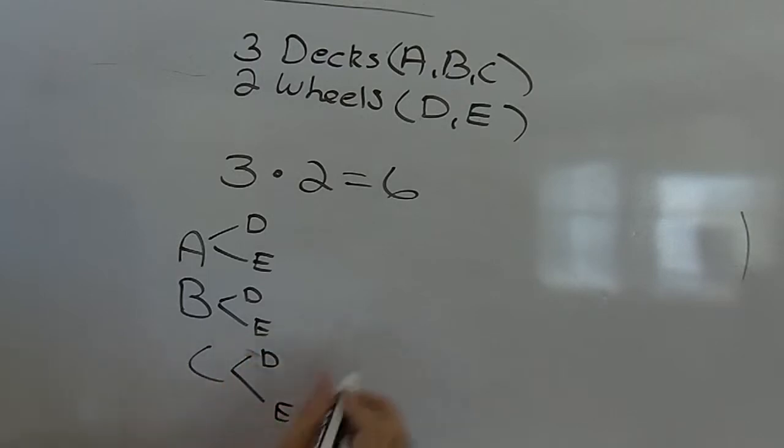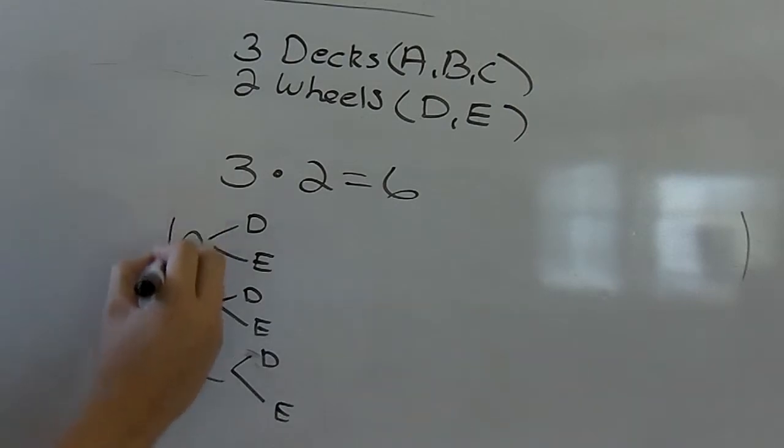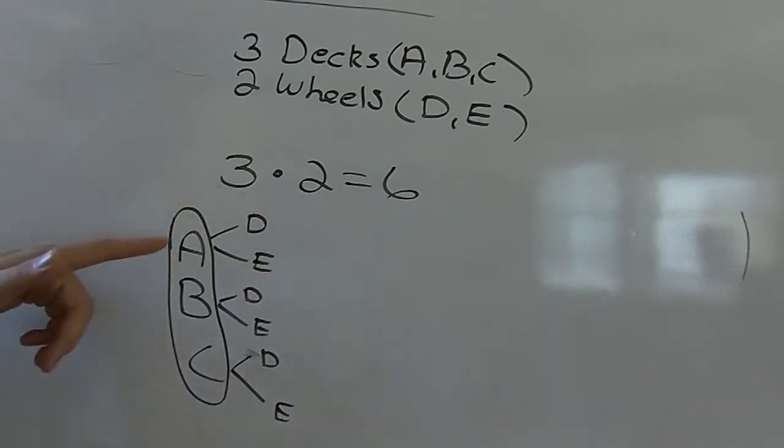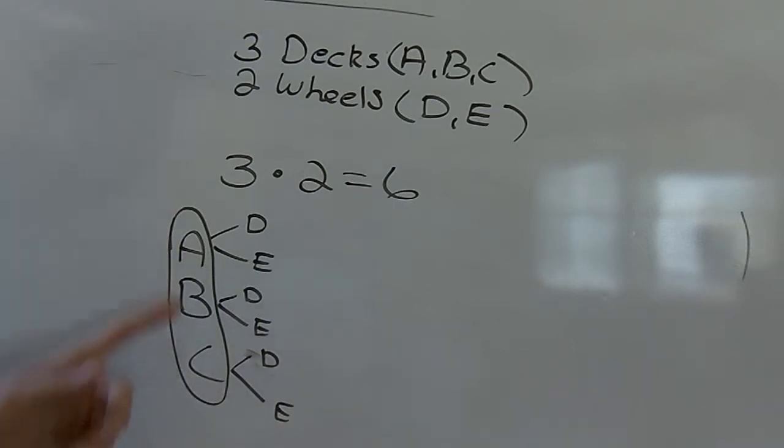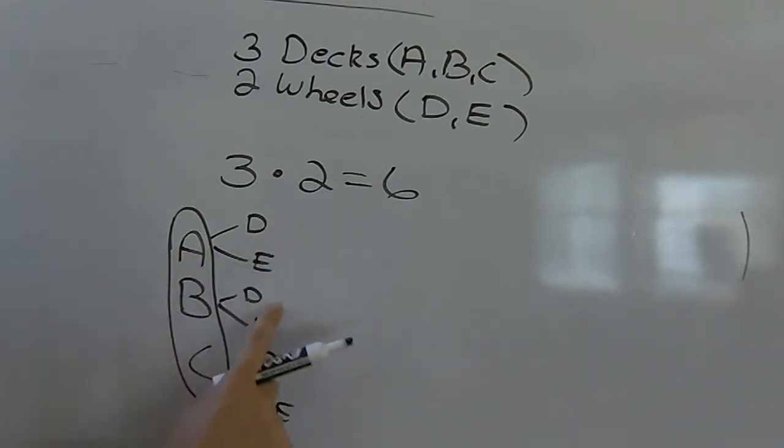So basically, whatever your first options are, so if you chose to go with decks first, A, B, and C are all going to have the same number of outcomes. Okay, so we have 3 starting options, and each of those starting options has a total of, in this case, 2 outcomes.